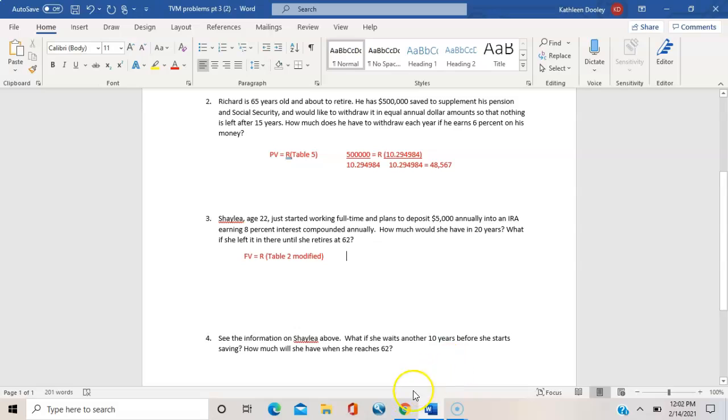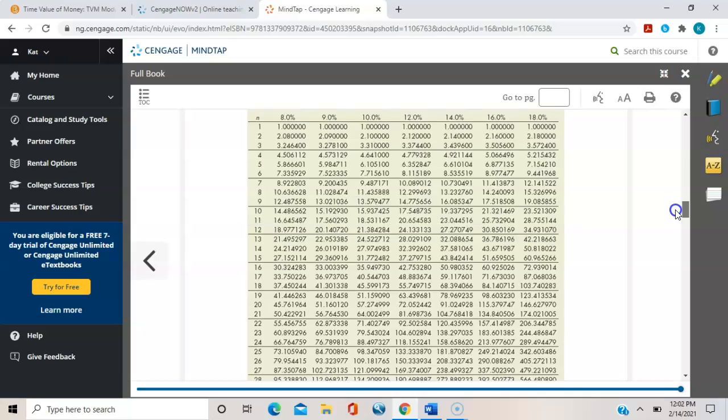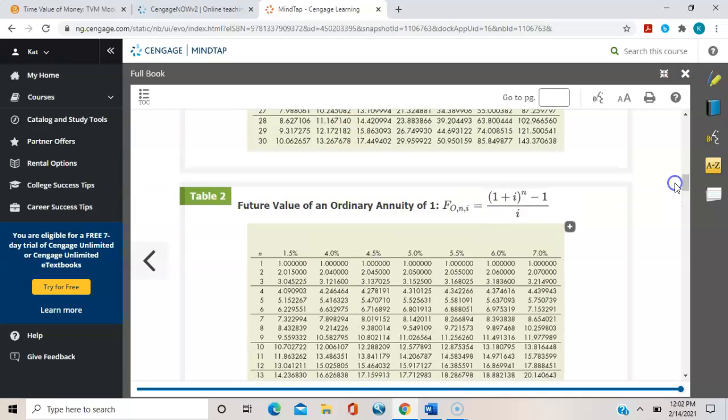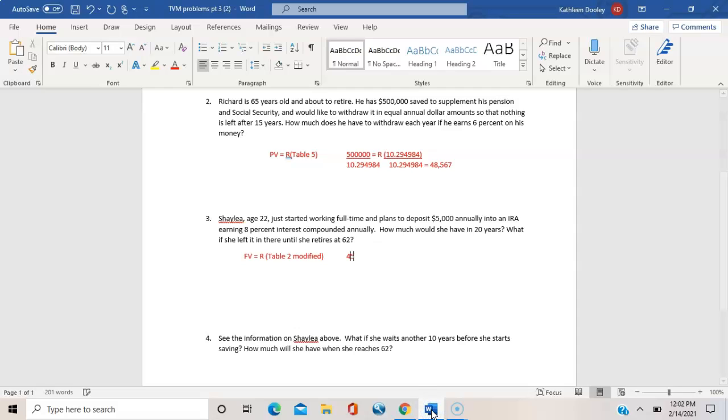Okay, so we take a look at table 2. And we want 8%, 20 years, which is 45.761964. Okay, so that is our factor from table 2.